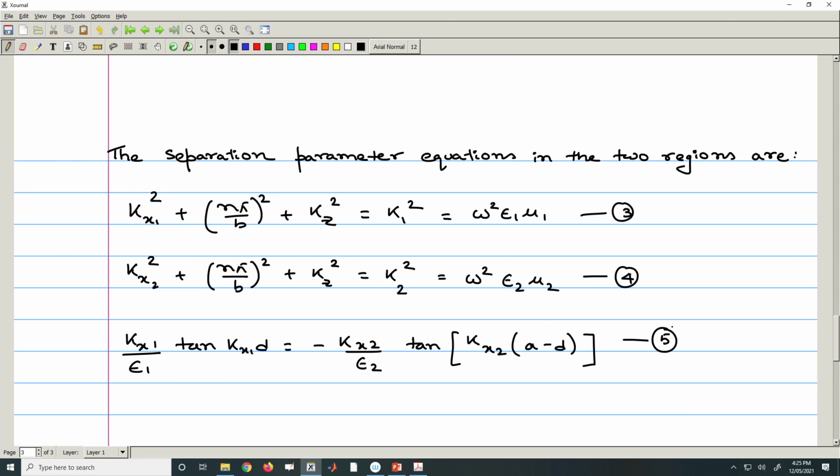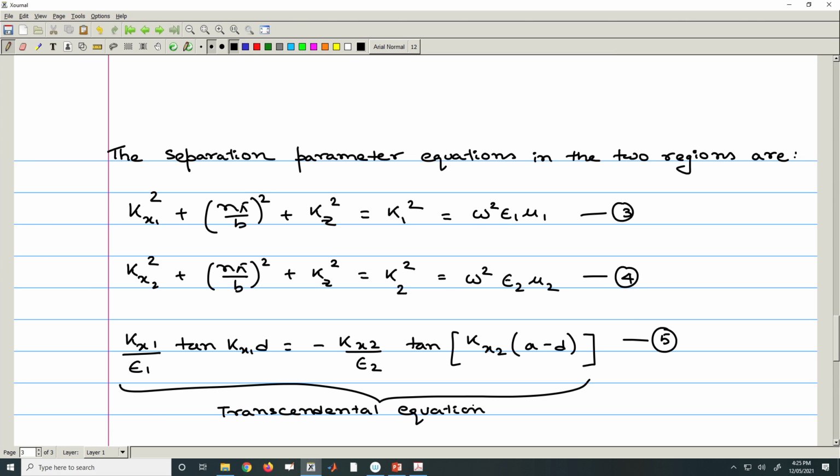So, equation 5 can be written down as a transcendental equation, and this is used for determining all the possible k z values, where k z is the mode propagation constant.